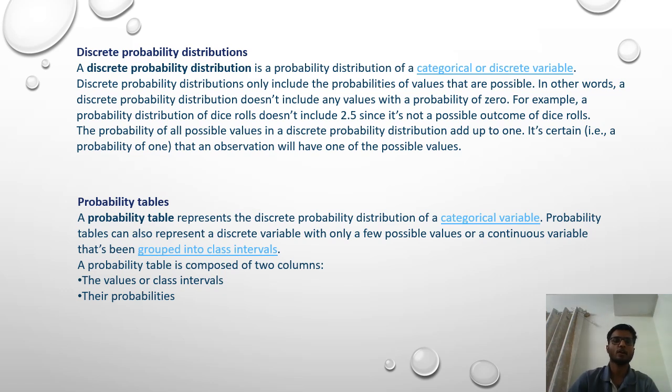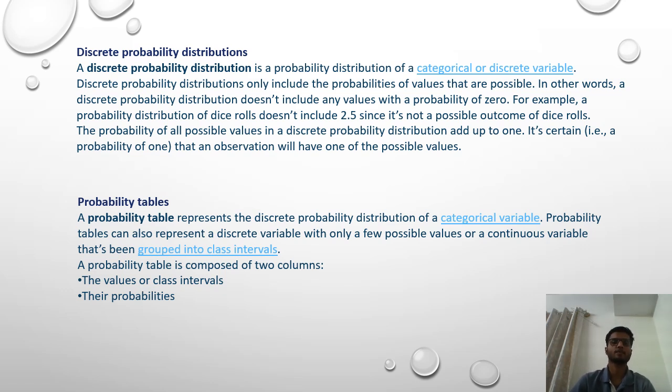For example, a probability distribution of dice rolls doesn't include 2.5 since it is not a possible outcome of a dice roll. The probabilities of all possible values in a discrete probability distribution add up to 1. It's certain that the observation will have one of the possible values.